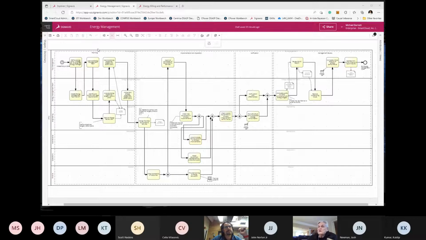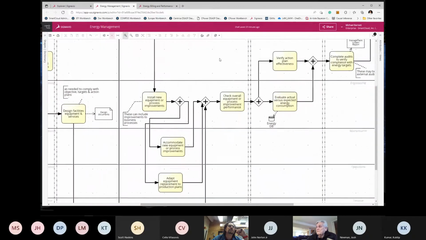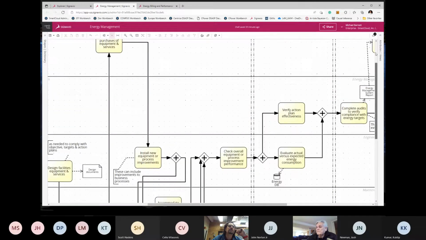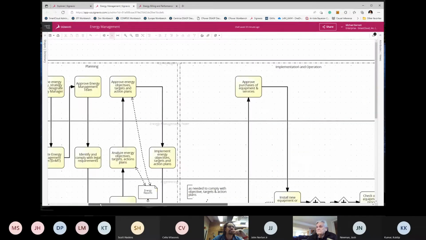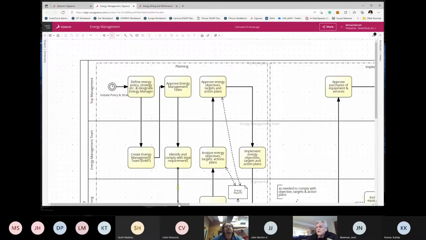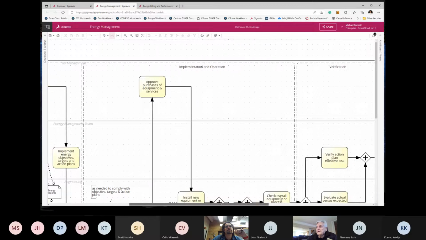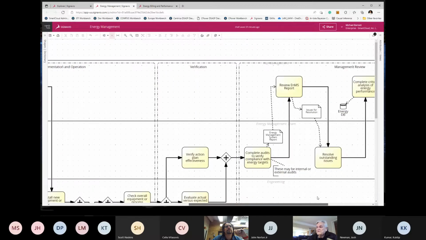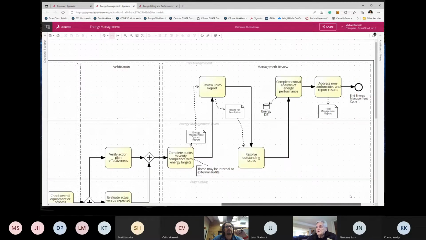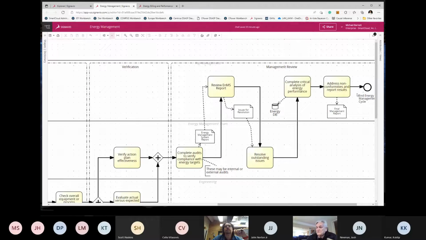But at a high level, a couple of things to notice. There are groups here. There are 1, 2, 3, 4 groups, which at the top are labeled. A planning part over here on the left. Next, an implementation and operation. Then a verification step, and then a management review, and then the end of this energy management cycle.